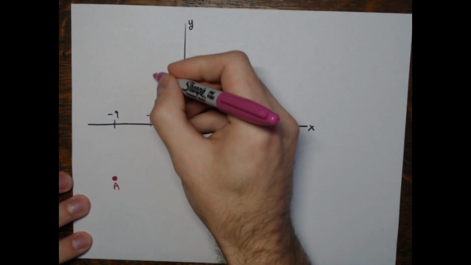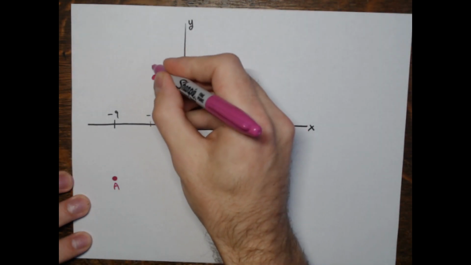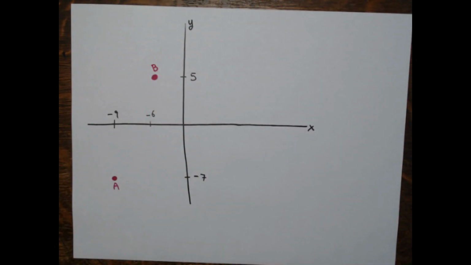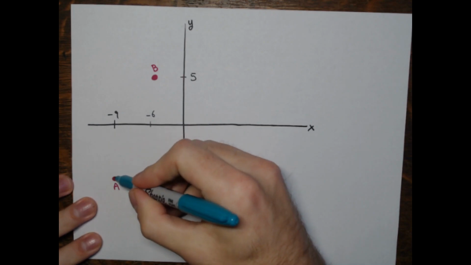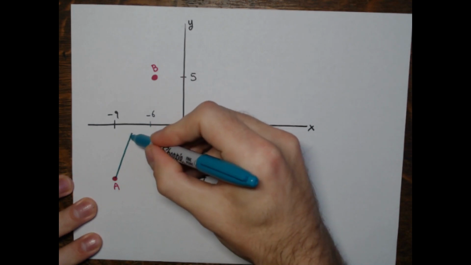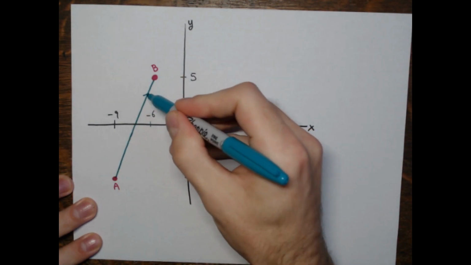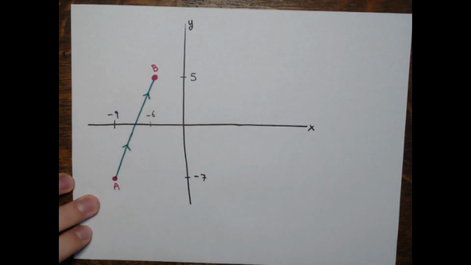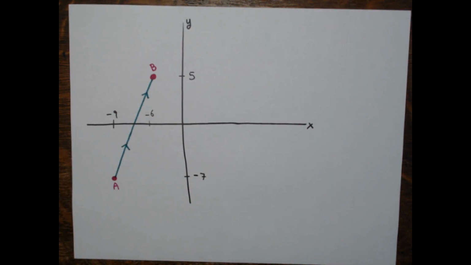There's point B. And it says it's a straight line motion, so from here to here, in that direction, with little arrows on there.